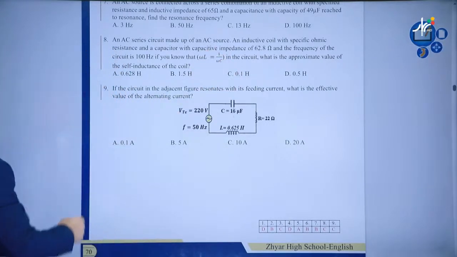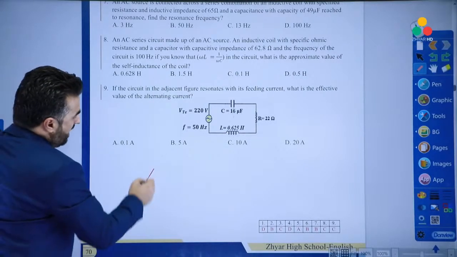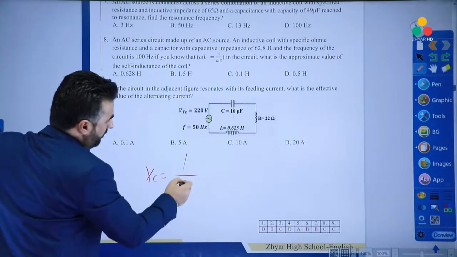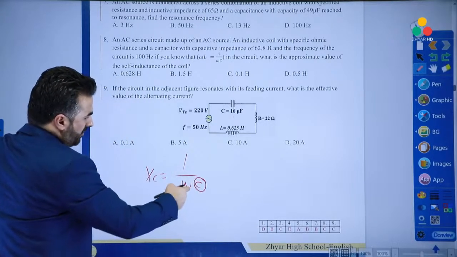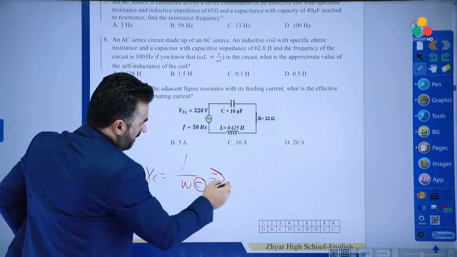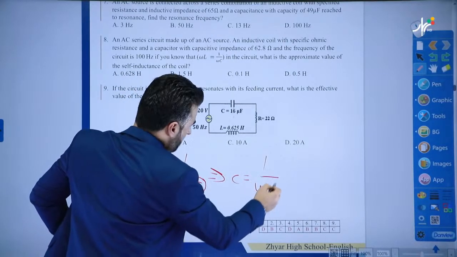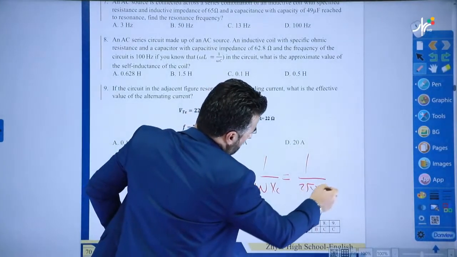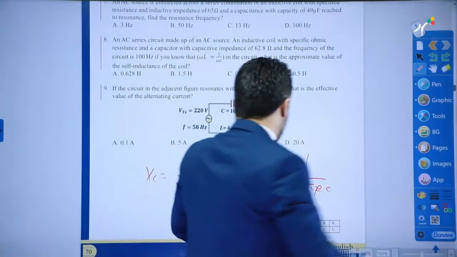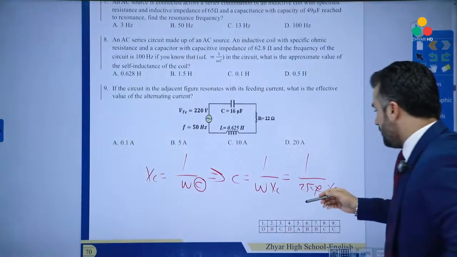How about we solve this one as well? First of all, XC is basically 1 over omega C, correct? We're trying to find the capacitance, so C is equal to 1 over omega XC, in another way 1 over 2 pi f times XC.